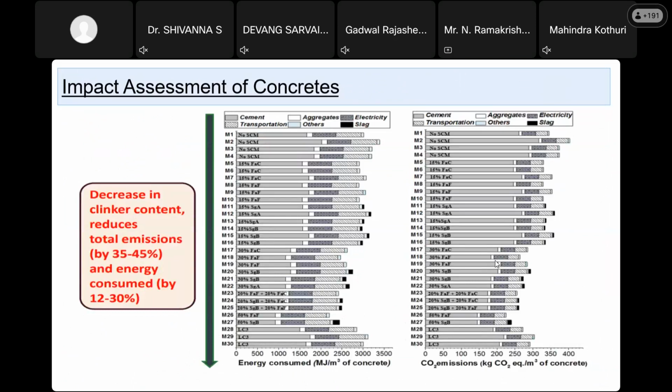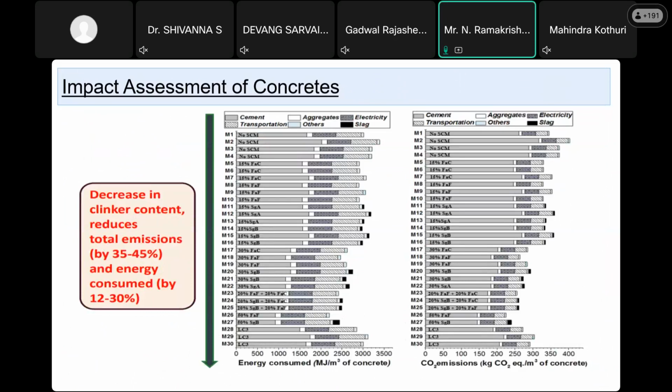So this is the one which will give, there are 30 samples which we have studied, energy consumed of the concrete and CO2 emission. So from here you can see, decrease in clinker content reduces total emission. So 35 to 45% is reduced. That is what sustainability is.